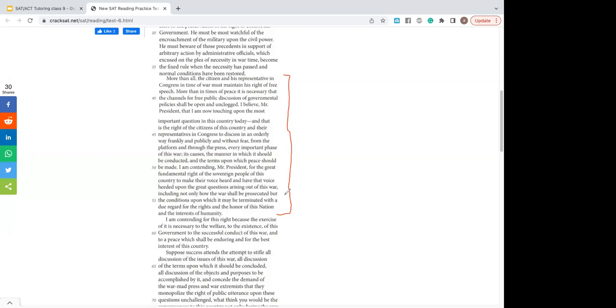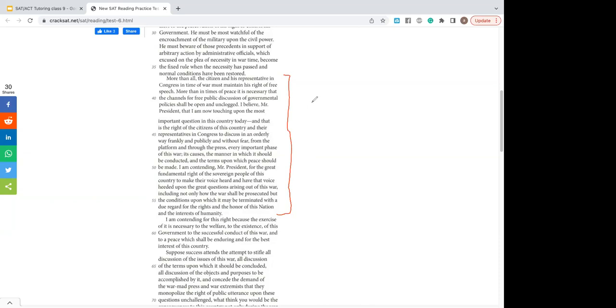I'm contending, Mr. President, for the great fundamental right of the sovereign people of this country to make their voice heard and have that voice heeded upon the great questions arising out of this war, including not only how the war shall be prosecuted, but the conditions upon which it may be terminated with a due regard for the rights and the honor of this nation and the interests of humanity.